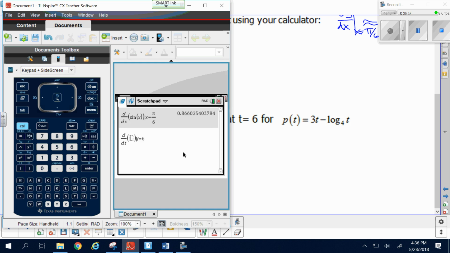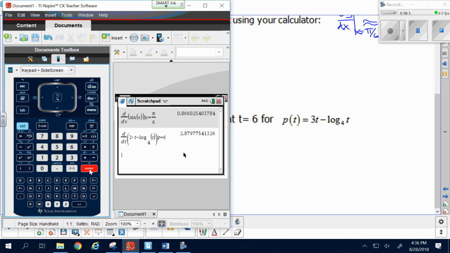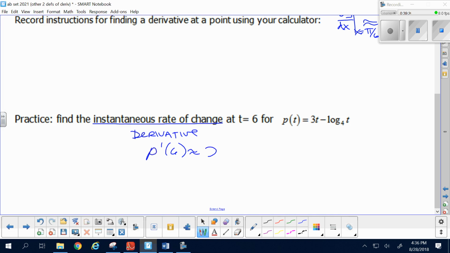The function they want is 3t minus, log is over here above the exponential, base 4 of t, and enter. And the slope is 2.877. Alright, so that's the calculator calculating the slope for you.